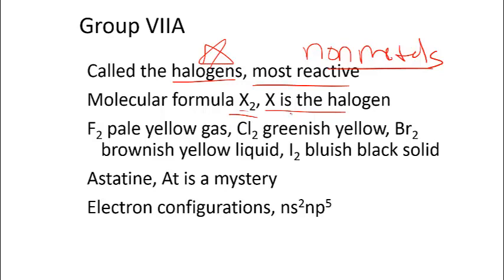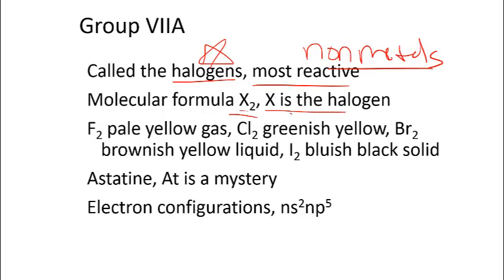Fluorine, F2, is a pale yellow gas. Chlorine, Cl2, is a pale greenish yellow gas. Bromine, Br2, is a brownish yellow liquid, and iodine, I2, is a bluish black solid, and it also has a violet vapor.